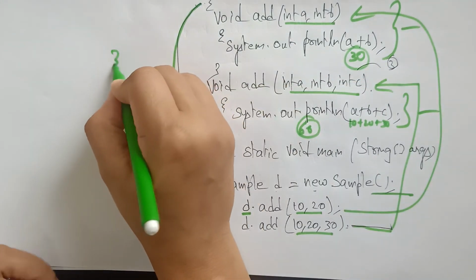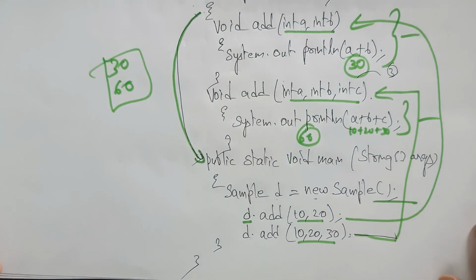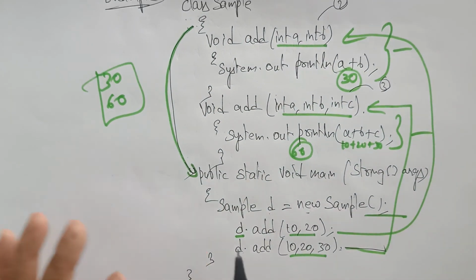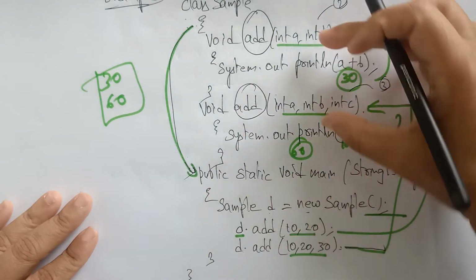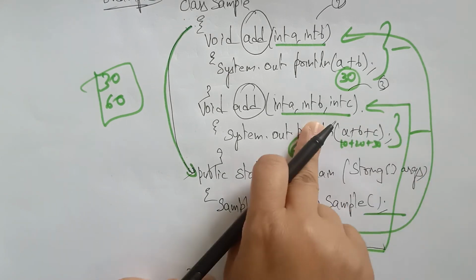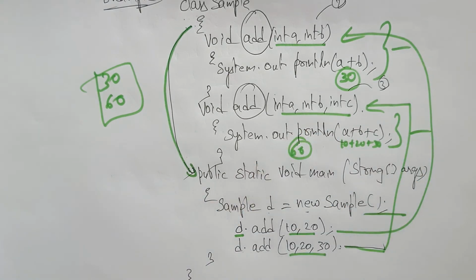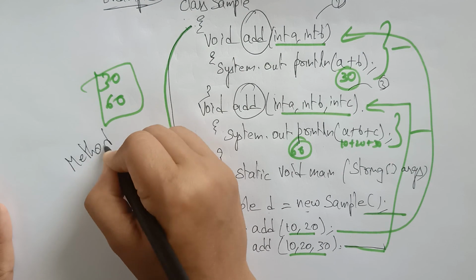So first 30 is printed, next 60 is printed. This is the concept of method overloading: same name but with a different parameter list. Even though the methods have the same name, by seeing the parameter list, the compiler will call and access that instance method. This concept we call method overloading.